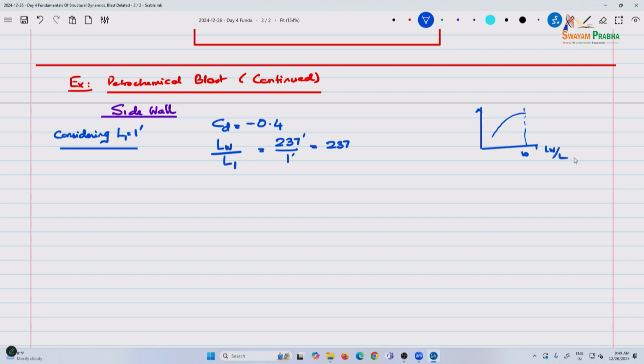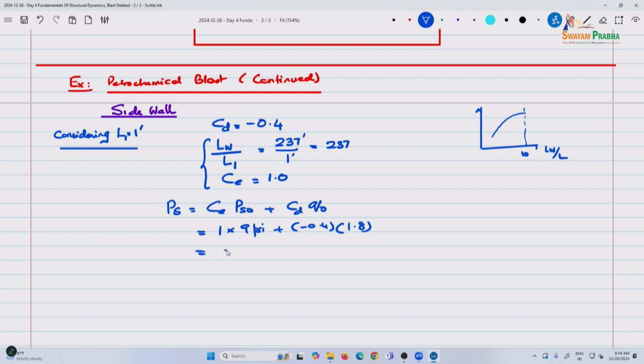So anything beyond that, from here you get CE equal to 1.0, and PS is CE PSO plus CD Q naught. So this is 1 multiplied by 9 plus minus 0.4 multiplied by 1.8 is 8.28 psi.